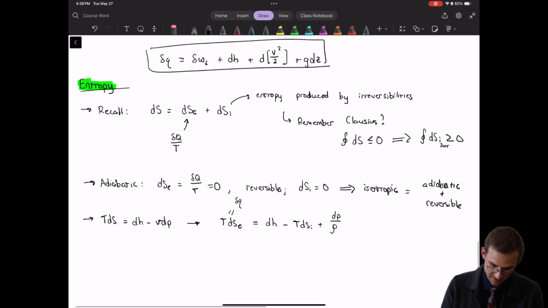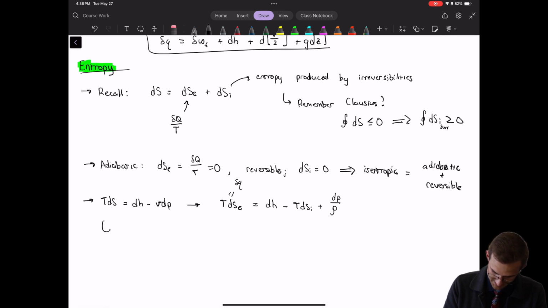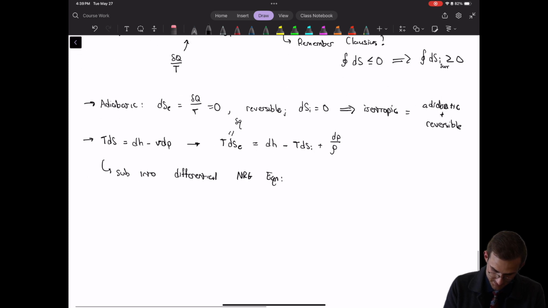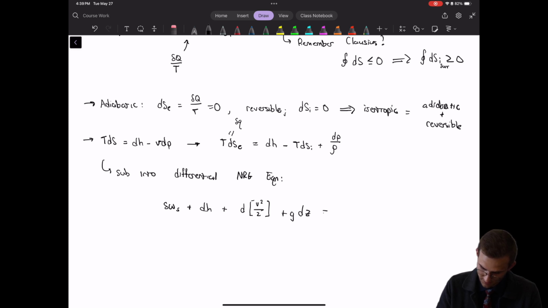Let's write the left-hand side first. Substituting into the differential energy equation, you get delta Ws plus dH plus d v squared over 2 plus g dz is equal to, and this is where we sub in what we found for delta Q, which is dH minus T dSi minus dP over rho.